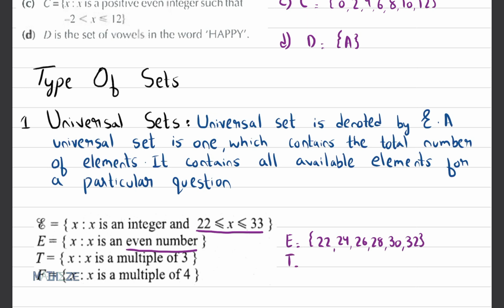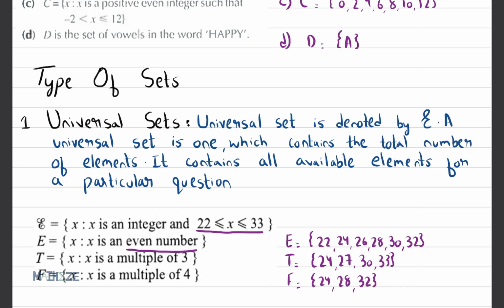Now comes set T. What are multiples of 3? It's 24, 27, 30, and 33. Now comes set F. What are multiples of 4 between 22 and 33? It's 24, 28, and 32.